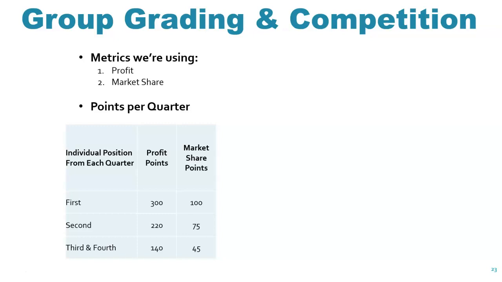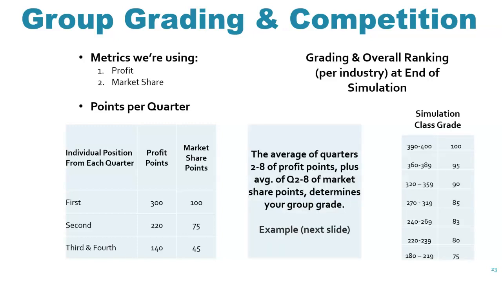If you're in industry 2 and there are only 3, it's first, second, third. So regardless of what industry you're in, it doesn't penalize you for being the 4th group or coming in fourth.